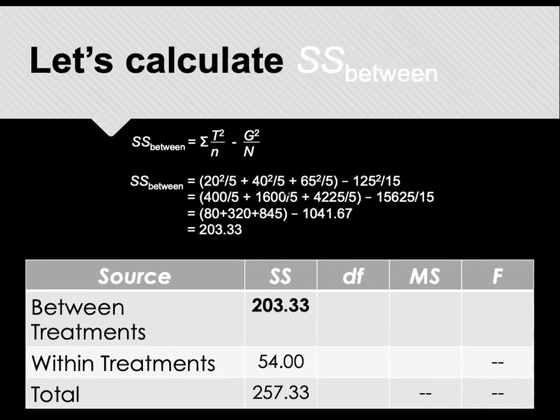So most important thing here, take a minute, make sure that you know where I pulled all these numbers from. And I'm adding these up because it says sum up all of the T's squared over n.